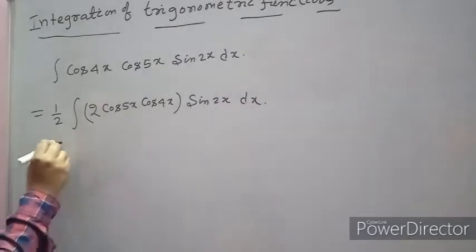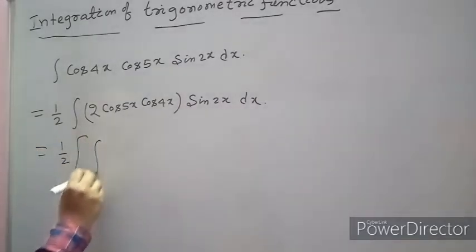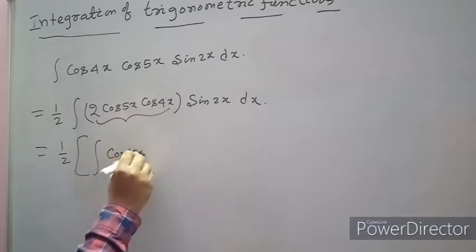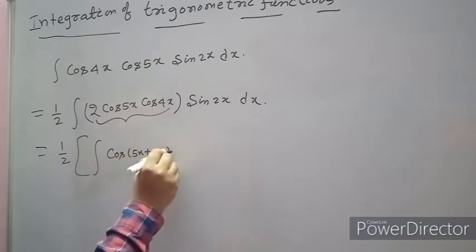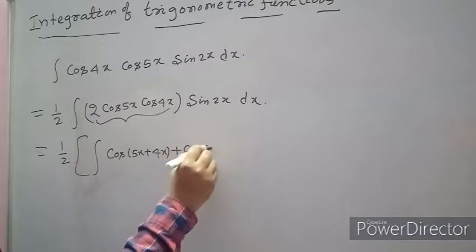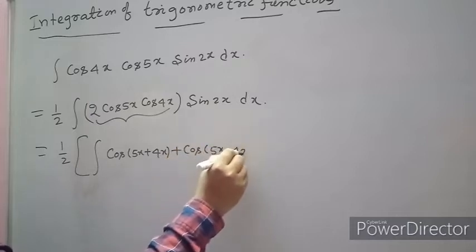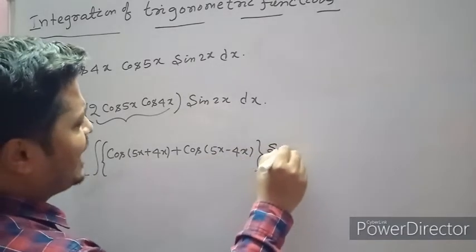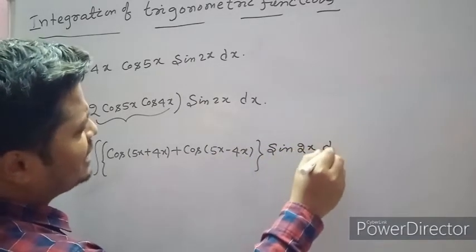So what you get? 1 by 2 integration 2 cos a cos b, cos of (a plus b) plus cos of (a minus b), right? And that is being multiplied by sin 2x dx.